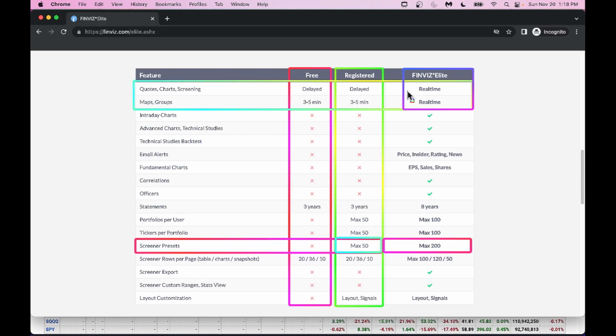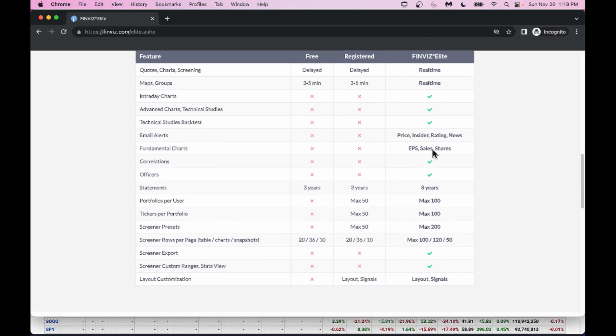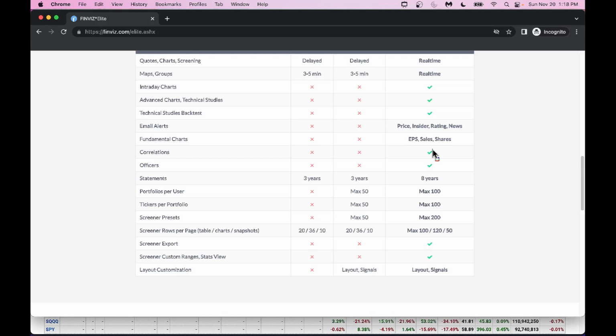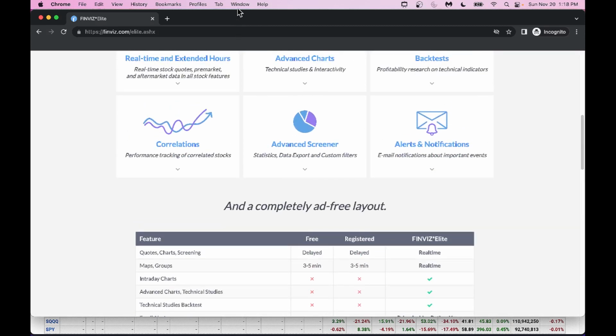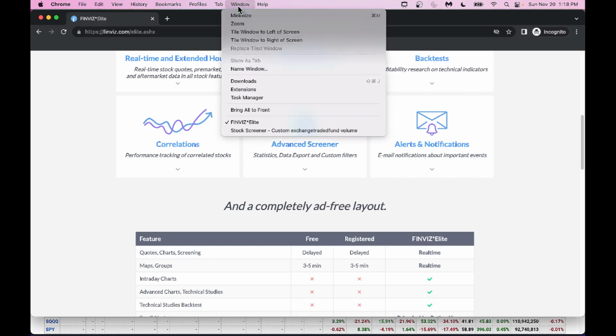And anytime I want to go into a scanning tool, naturally I'm drawn to Finviz Elite because of the simplicity and the speed. So with that, look, if you have Elite version, you have these layouts and trade signals. And you have layout and trade signals in the registered version also, but you have intraday chart if you have Finviz Elite.